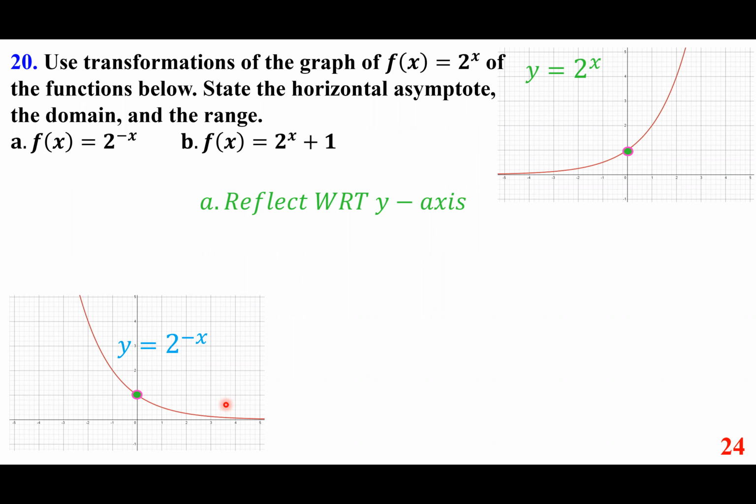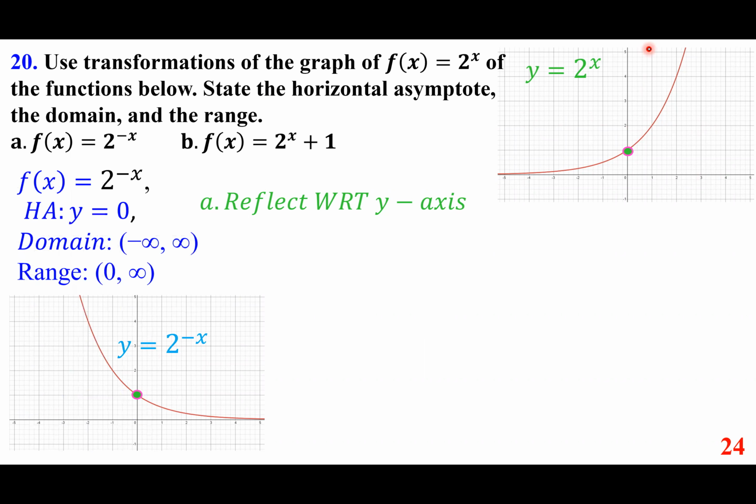We have the same horizontal asymptote, which is the x-axis, y equal to 0. We have the same domain as this one, all real numbers. We have the same range, 0 to infinity. What has changed is that this is an exponential growth, this is an exponential decay.